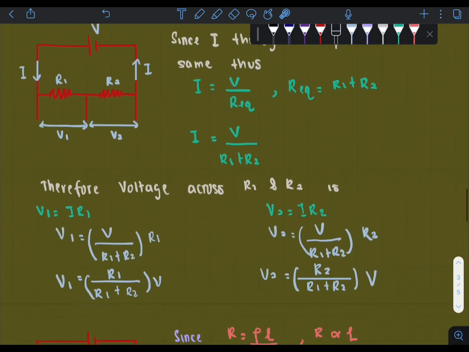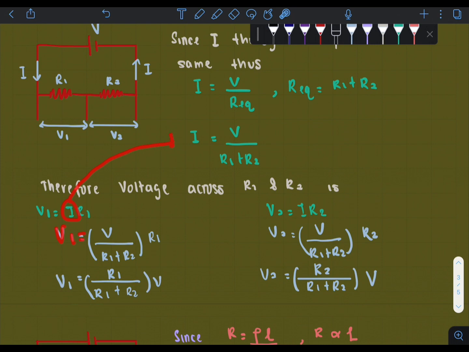Okay, so let's say now we want to find out the voltage across resistor 1 and also the voltage across resistor 2. The fraction of voltage that we can get from a particular resistor is given as V1 is equal to I multiplied with R1. According to Ohm's law, V is equal to IR. So, kalau nak tahu V1, dia kena current yang lalu resistor 1 darab dengan resistor 1. So, V1 here will equal I here.